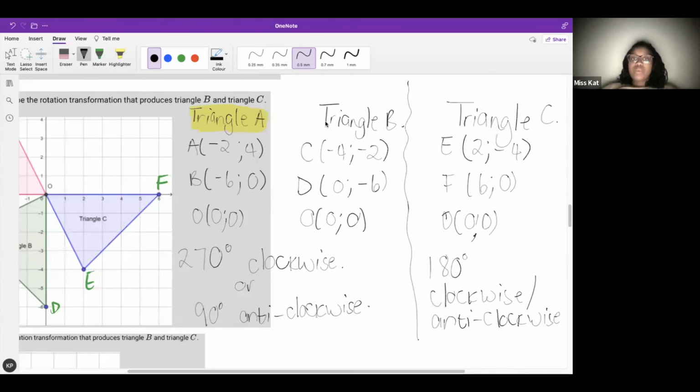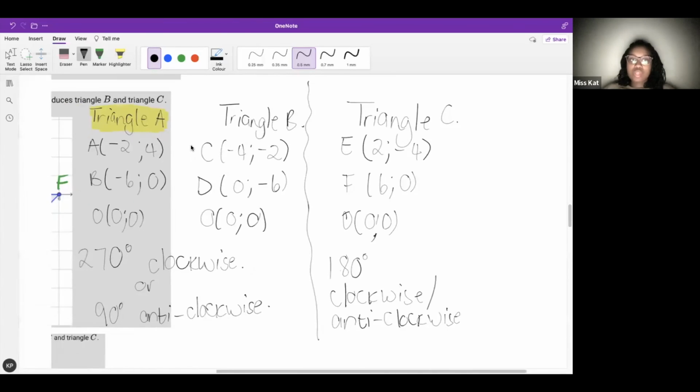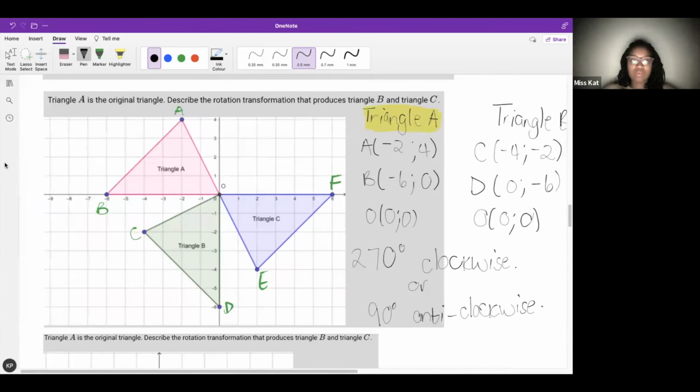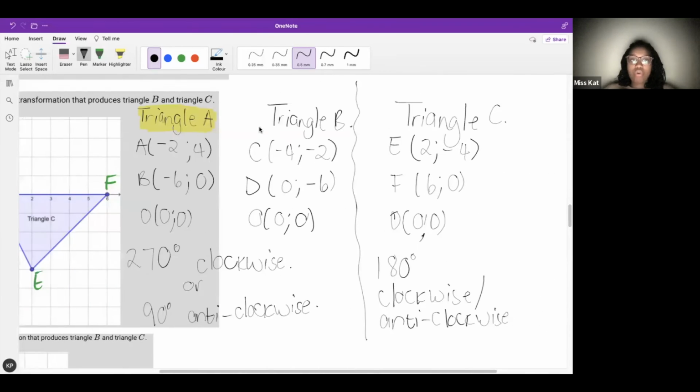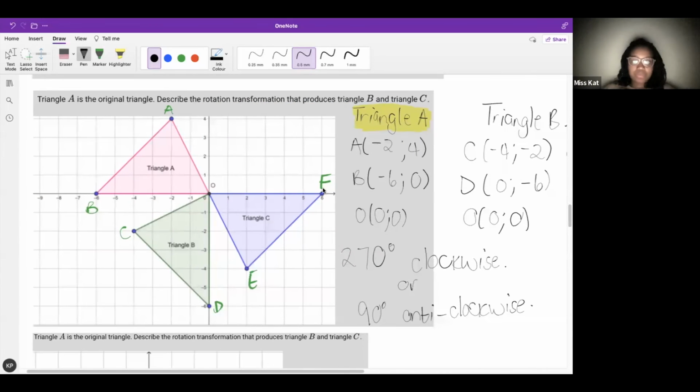Okay. When you look at rotations, you need to make sure they meet both the conditions. So yes, the coordinates didn't swap around, but they both change signs. Why do I say that? Because remember with translations, we could move this triangle. Let me show you instead of talking too much.